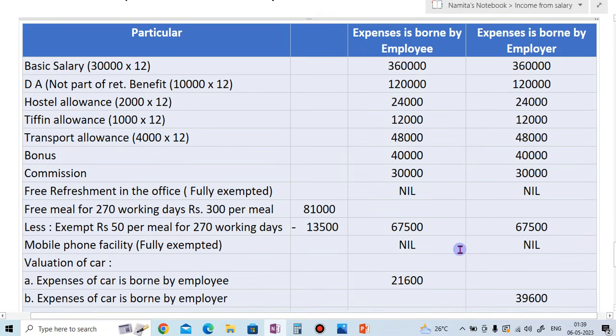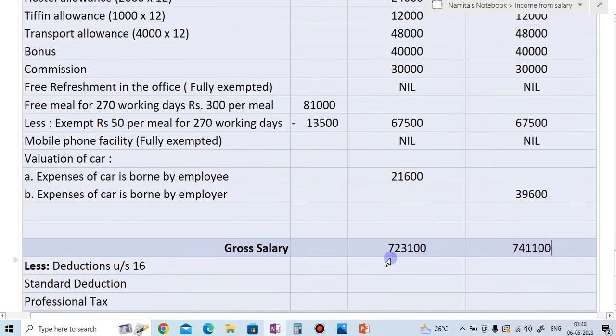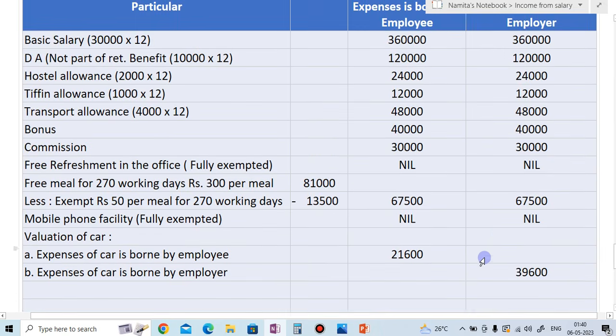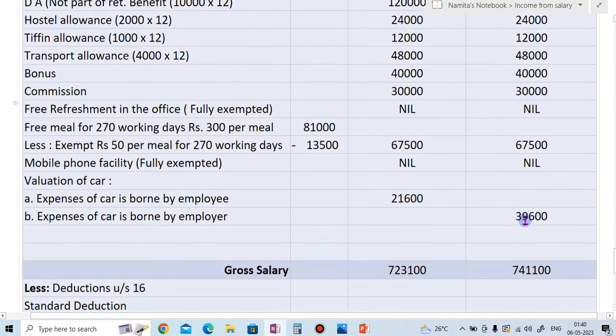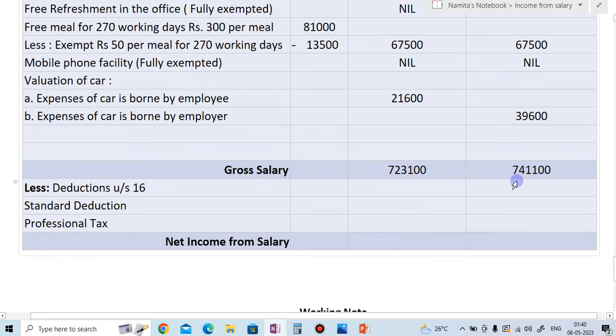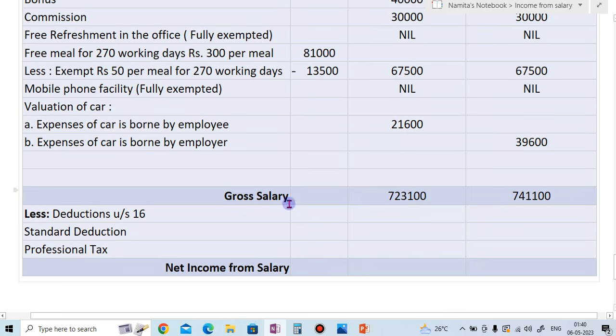If the expenses are borne by the employee, the gross salary is 7,23,100, and if the expenses are borne by the employer, the gross salary is 7,41,100. Now after finding the gross salary, we have to less the deductions under section 16.